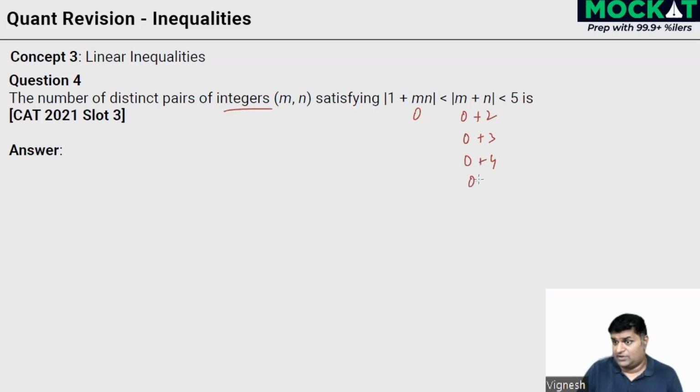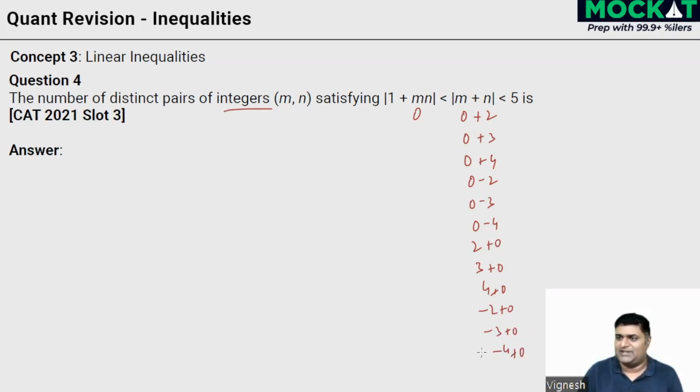What about minus? It can also be minus, right? And this is where m is 0 and n takes these values. What about the other way around, right? 2 plus 0, 3 plus 0, 4 plus 0, and we have minus 2 plus 0, minus 3 plus 0, and minus 4 plus 0, right?